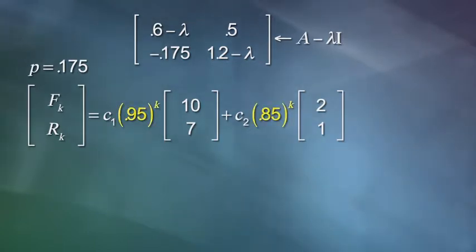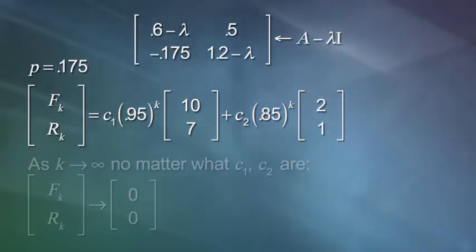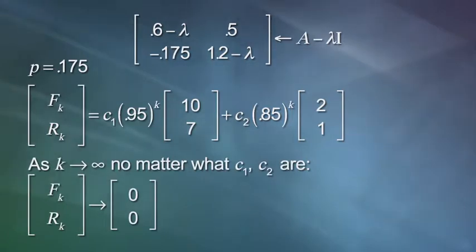Notice how the 0.95 to the k and 0.85 to the k go to 0 since both these terms come from eigenvalues that are less than 1. This means both terms in this expression eventually go to the 0 vector. In other words, as k goes to infinity, no matter what C1 and C2 are, and remember they come from the initial conditions, the two populations will approach the 0 vector. In other words, both populations go extinct, no matter what populations you start with.